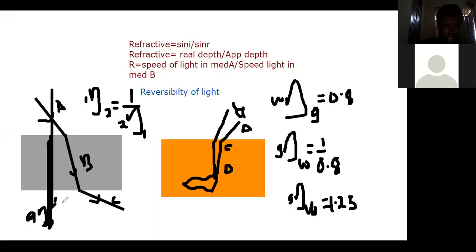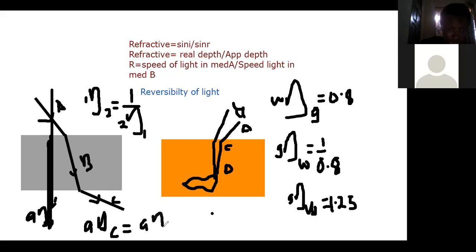So if light is traveling from medium A to medium C, then that will be equal to the product of, number one, light moving from medium A to medium B. I hope you understand.